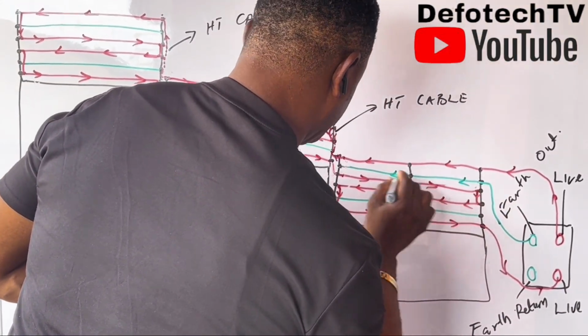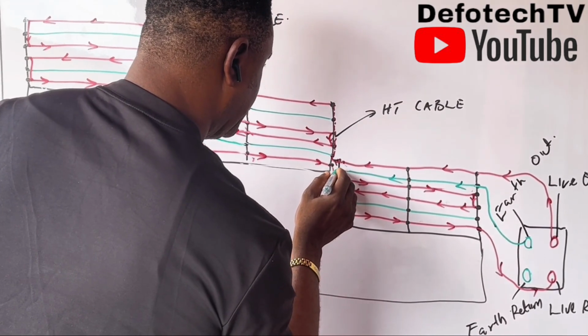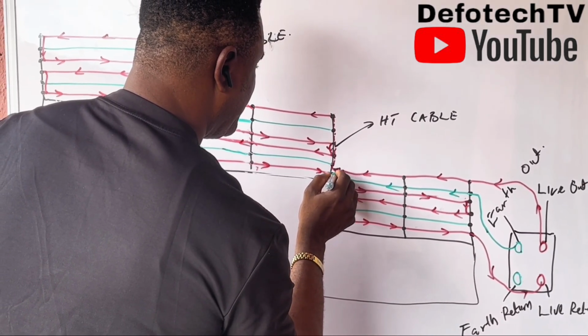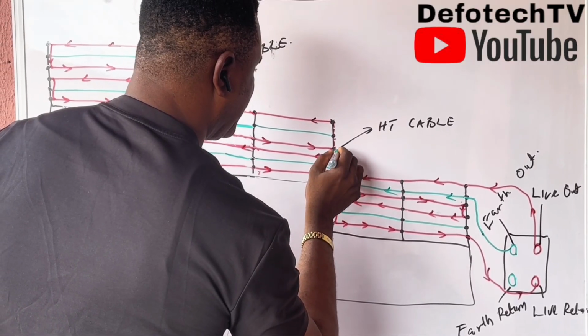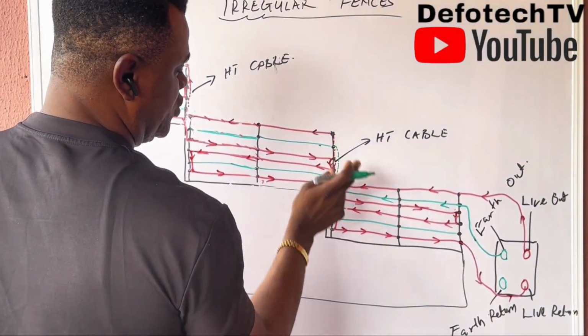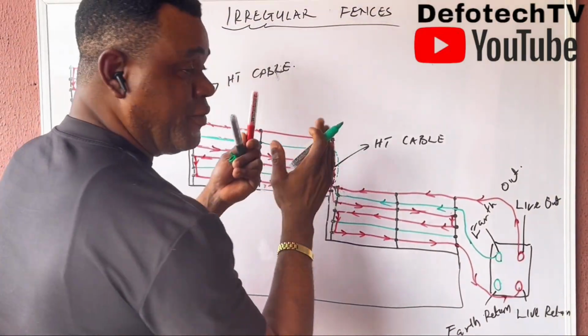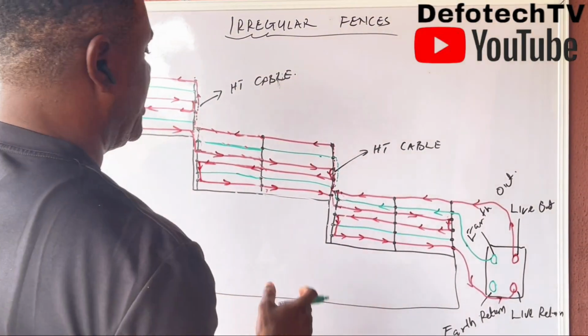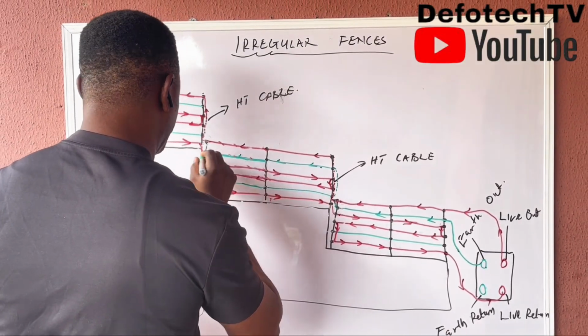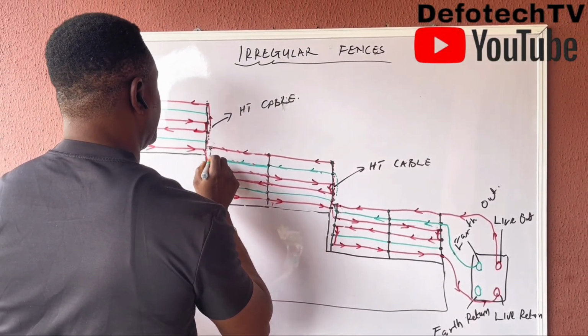To the earth out. This gets here. You can also use your HT cable from here to this, so that it doesn't melt. Even if you put the wires together, it's safe because they are insulated. Now this comes all the way here, gets here.